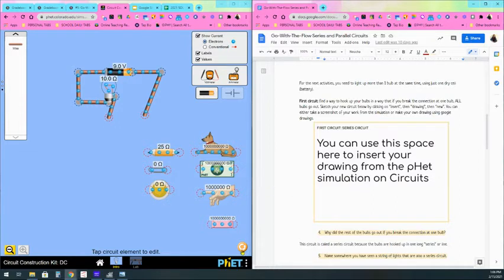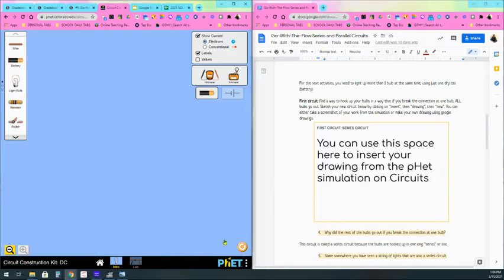So let's just start our circuit over, refresh, and then we're going to include a battery. And we're going to do 2 bulbs now. So in order for both of those bulbs to go out at the same time, you're going to be making a series circuit.